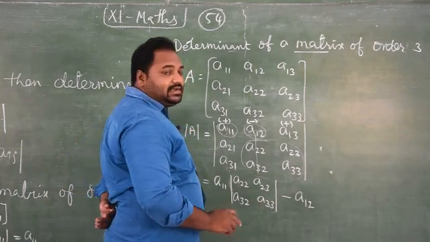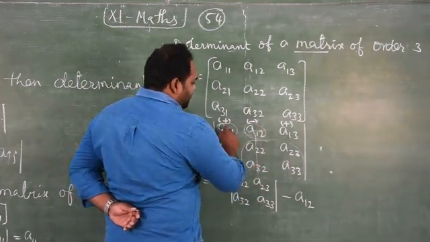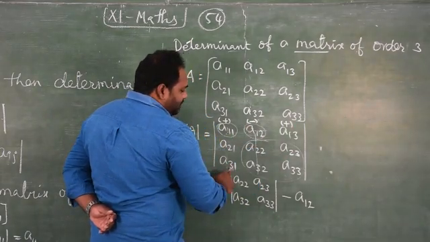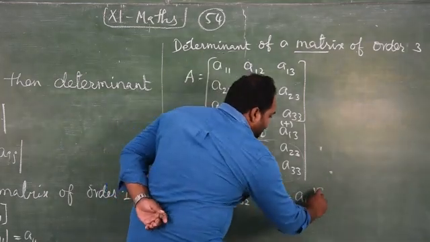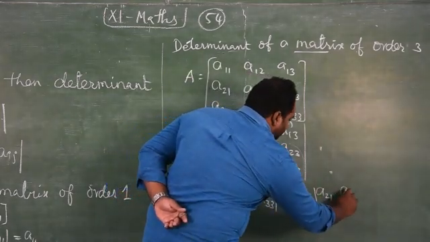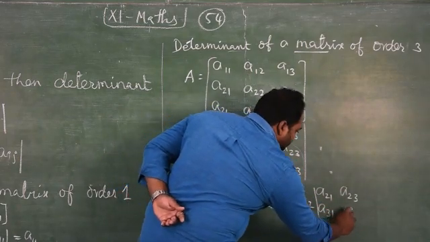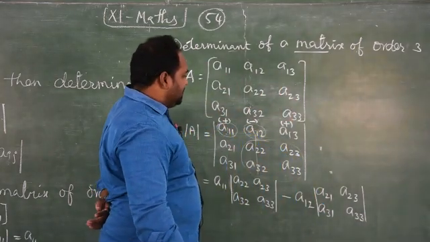After deleting, I have A21, A23, A31, A33. So the determinant of A21, A23, A31, A33. The second expansion is over.